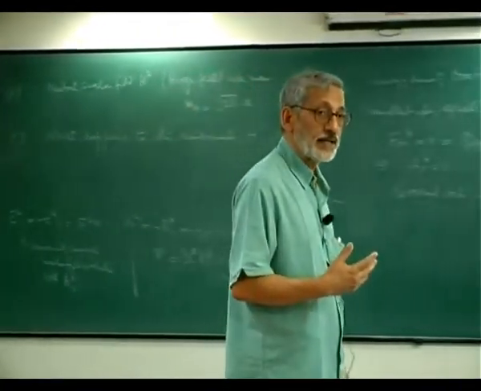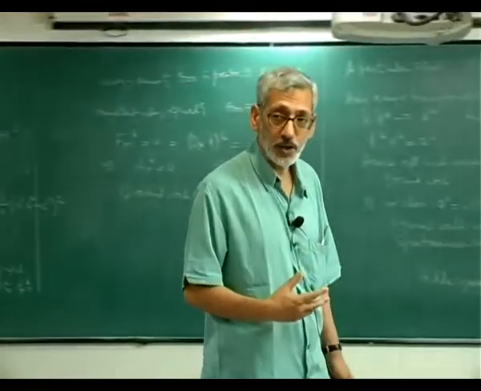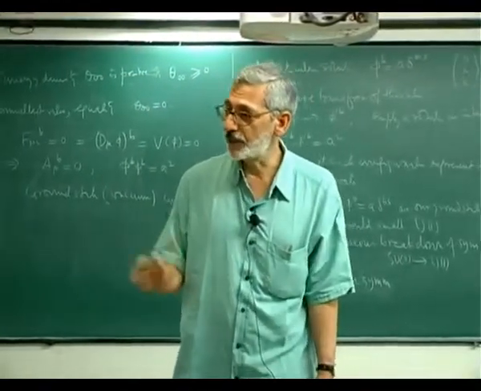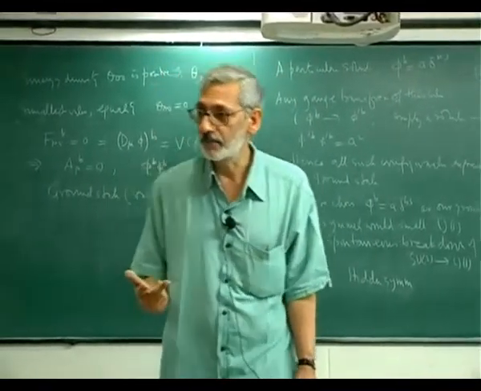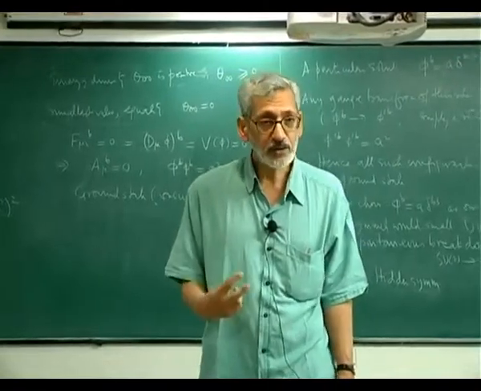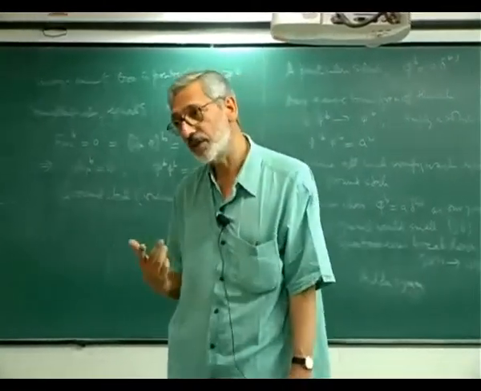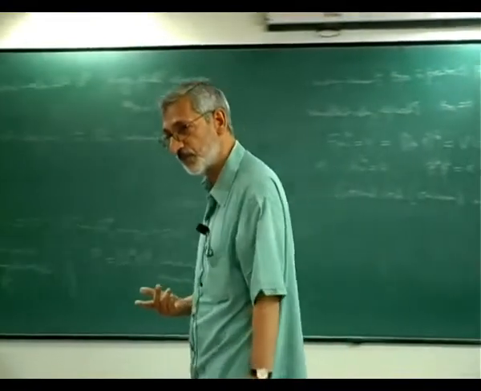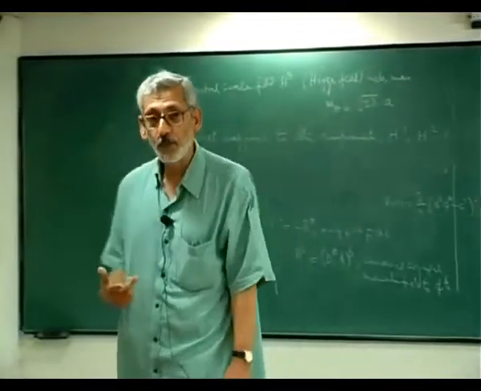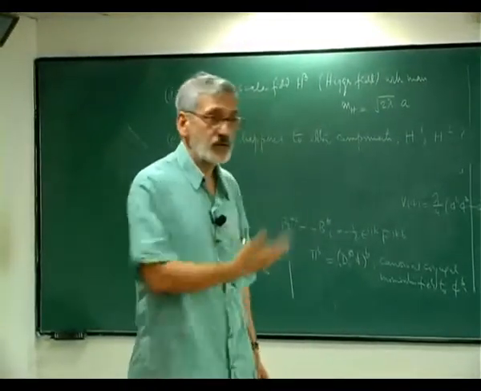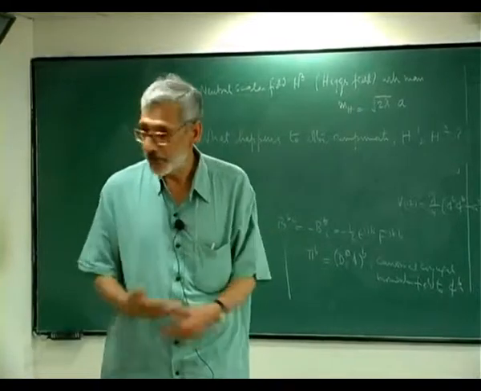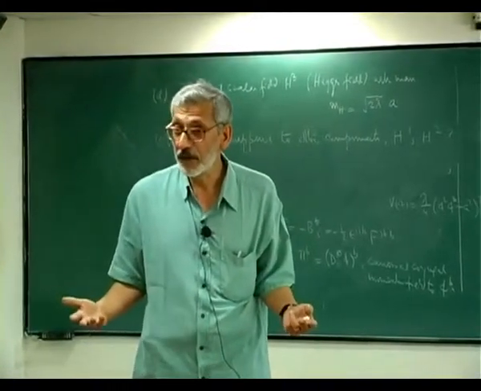So for the photon, the longitudinal degree of freedom is a gauge degree of freedom. It's not a physical degree of freedom. But for a massive vector field, longitudinal degree of freedom is a physical degree of freedom. But somehow we started with a theory, all degrees of freedom have to lie in this theory that we started with.